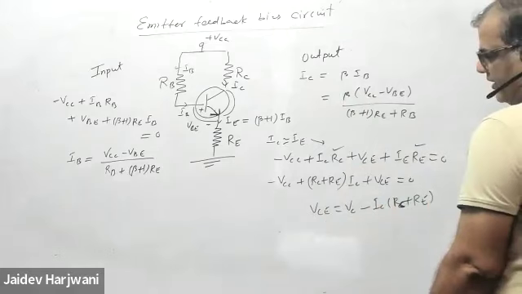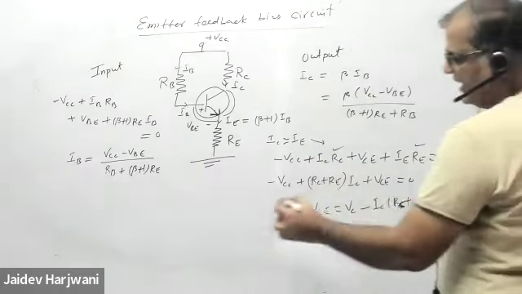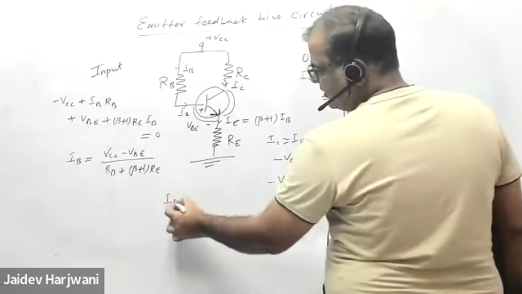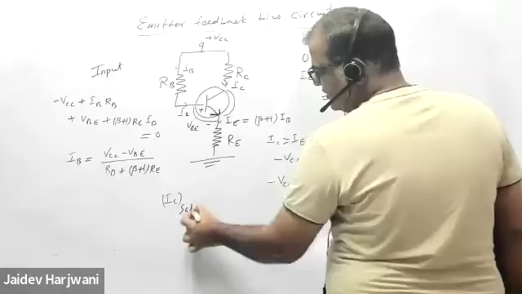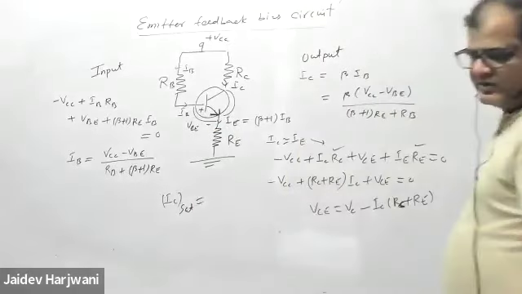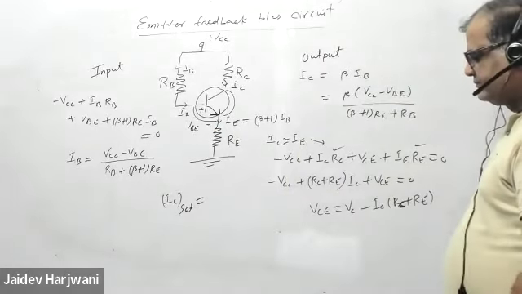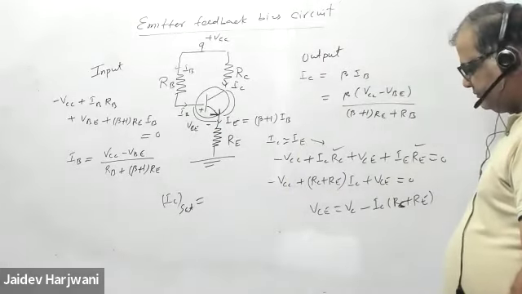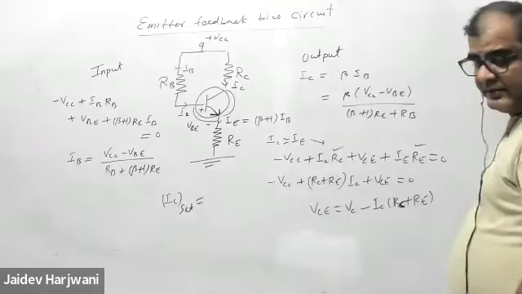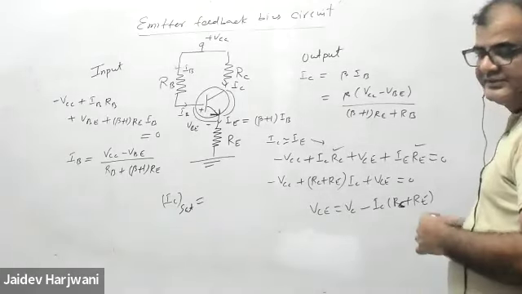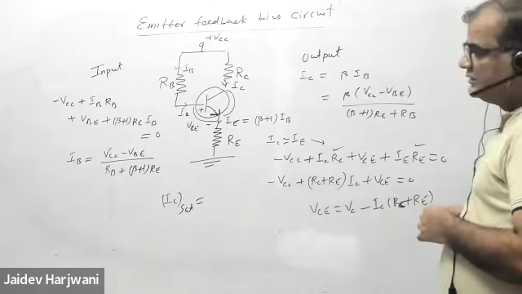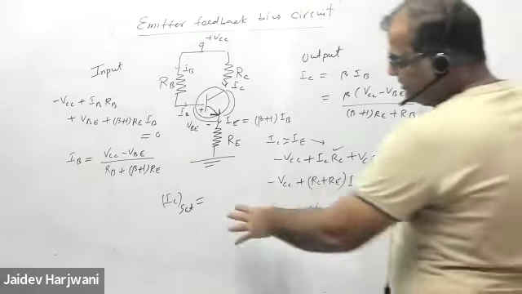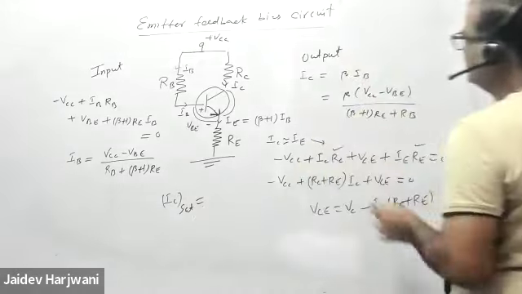So you know the operating point. Now, what about the IC saturation this time? What is the formula for IC saturation? VCC upon RB? RC, sorry. RC. So how to calculate IC saturation? For IC saturation, you should remember this diagram.